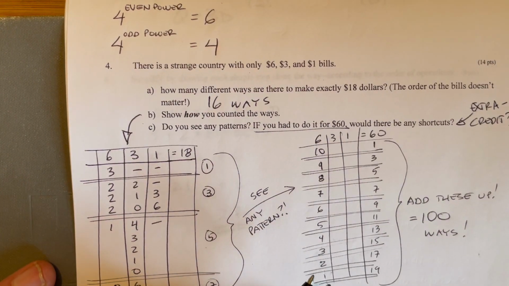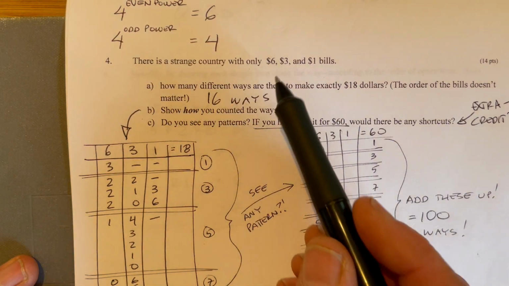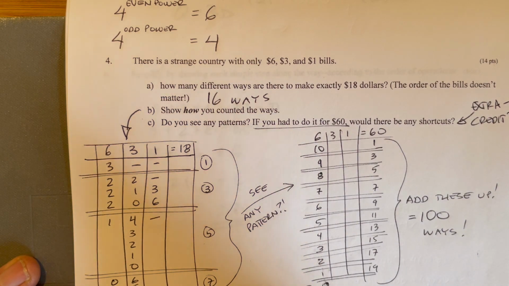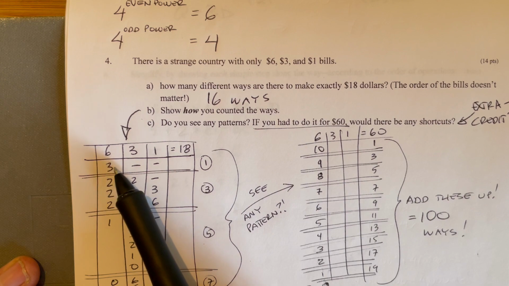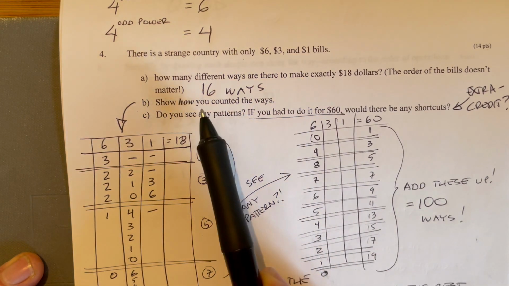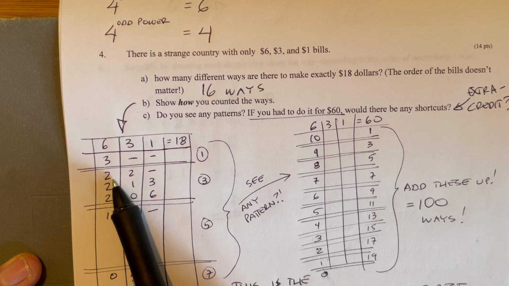Okay, so be prepared for some sort of a systematic list problem. We can have money, we can have blocks building towers, we can have all sorts of things. Just try to break it down so that you start your list at one extreme end. The fewest possible bills to make 18 would be 3 $6 bills.